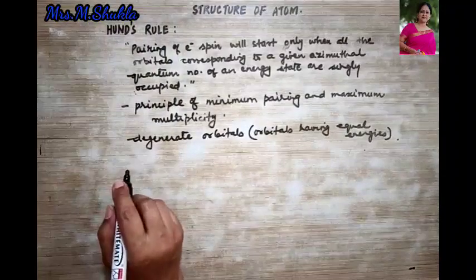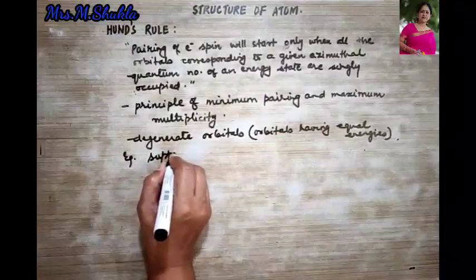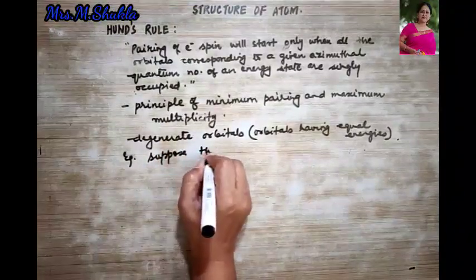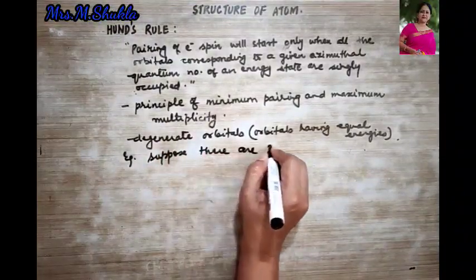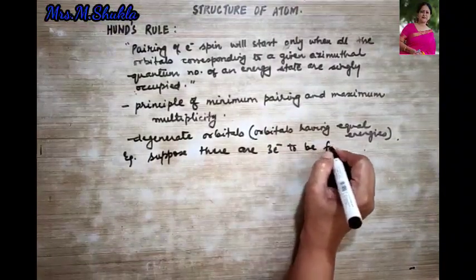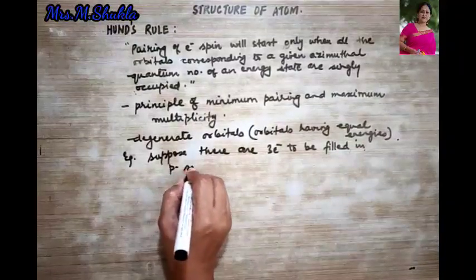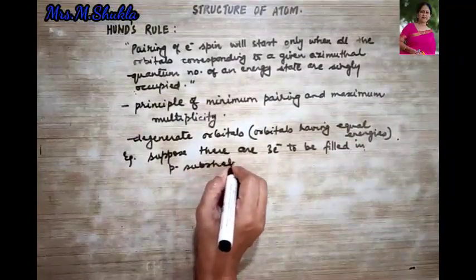So let us take one example. Suppose there are 3 electrons to be filled in the p subshell. Clear?